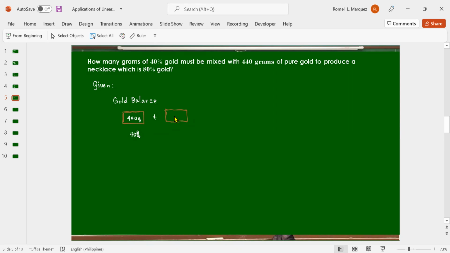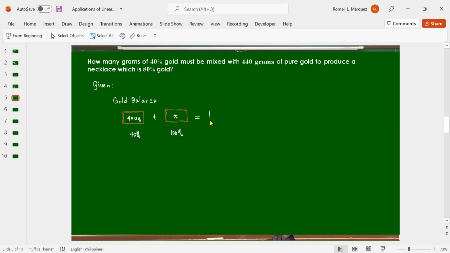Pure gold. But we do not know the weight or mass. Is that clear, guys? Since it is pure gold, what is the concentration of the gold? 100%. Am I correct, children?